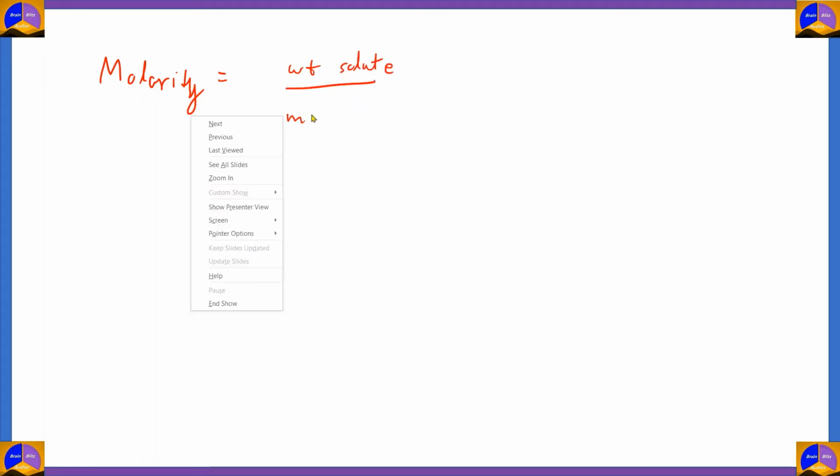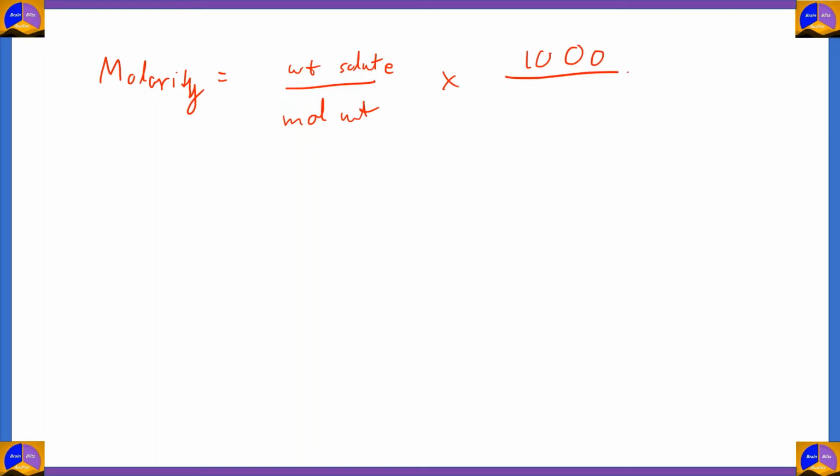Now we need to find the molarity of this solution. Molarity is equal to the weight of the solute divided by molecular weight, into 1000 divided by volume of solution in milliliters.